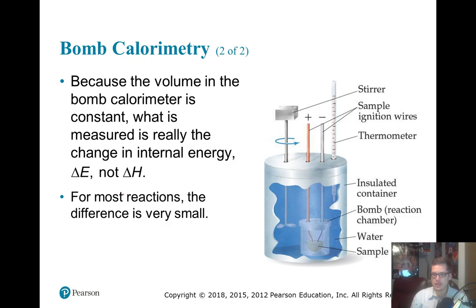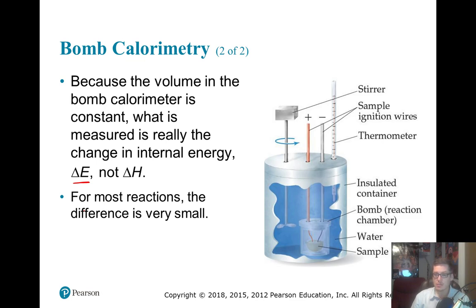Now, one thing to keep in mind is that because the volume in the bomb calorimeter is constant, the pressure is actually increasing. So when we're making this measurement, we're not finding the enthalpy, okay? We're actually finding the internal energy. But for most of the time, those two things are essentially the same thing, so we don't really have to worry about it.